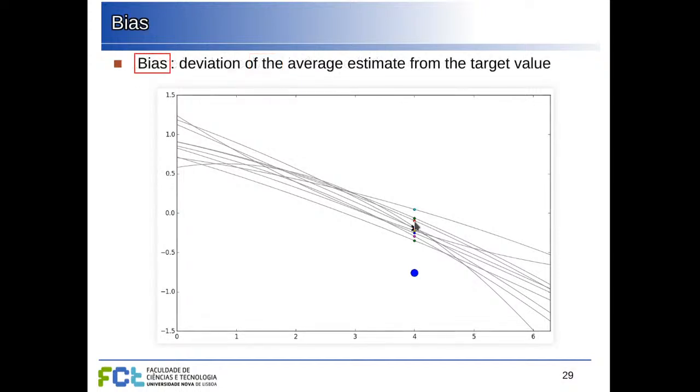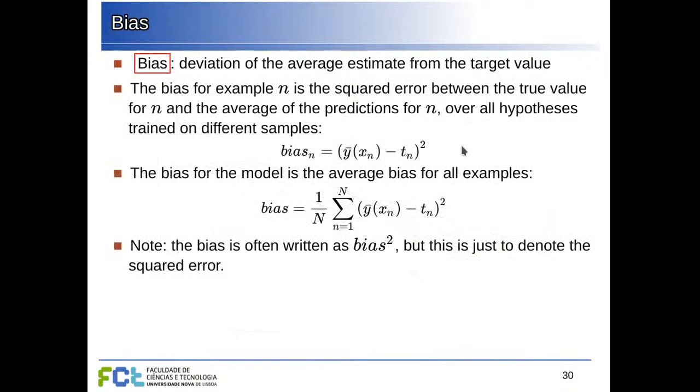So this would be the bias for this particular point, the average of our predictions, and then subtract the actual point. But we can extend this also to compute the average bias over all examples for the model that we have. So basically, we can consider that the bias at point n is the difference.